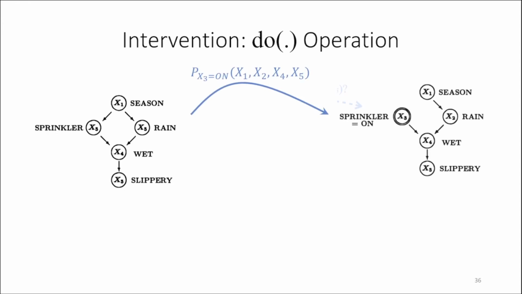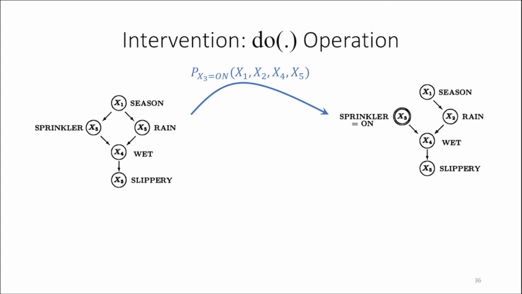Effectively, the do operation on X3, which represents the sprinkler, disconnects the status of that variable from the season, because it really doesn't matter if it's winter or summer. So not only does it change the status of the variable, it also modifies the structure of the graph.